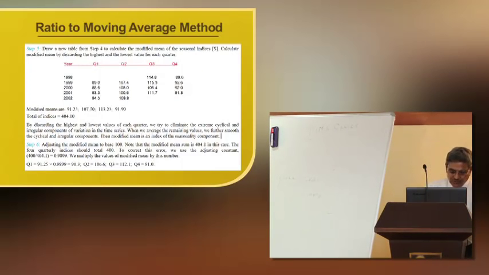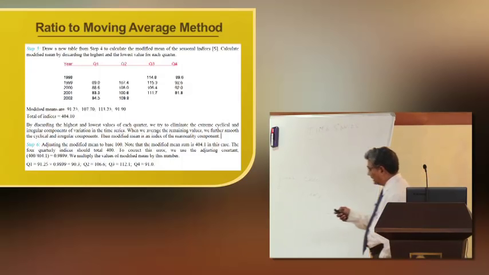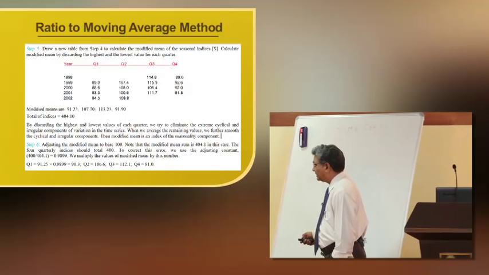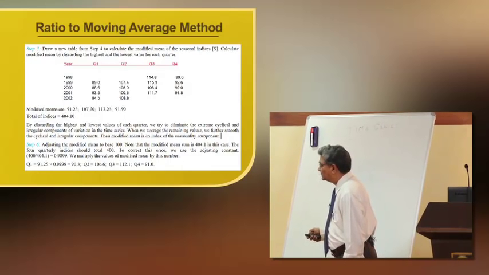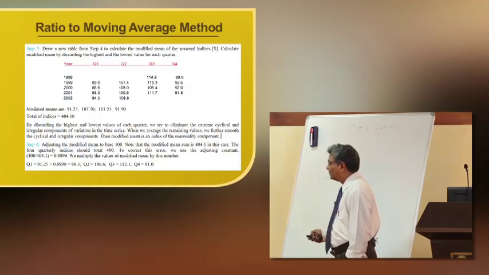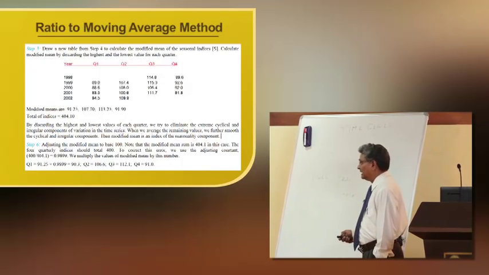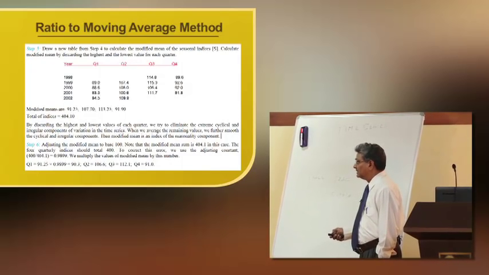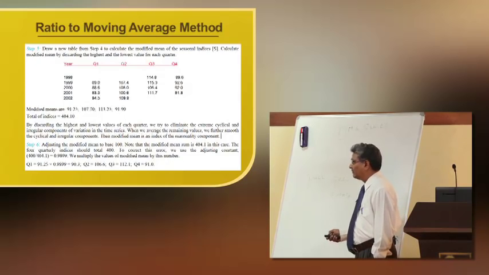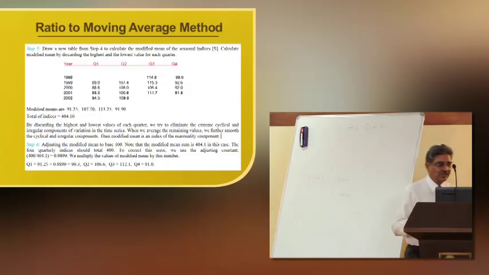Right? Now from this modified value, 91.25, originally calculated here, these 4 means, we have to account for the extra 404.10, the 4.10 extra that is there.